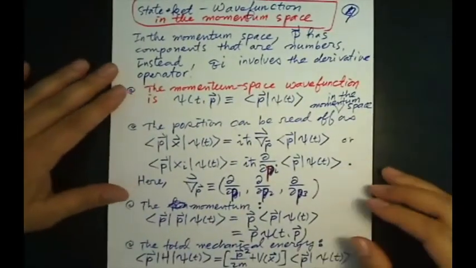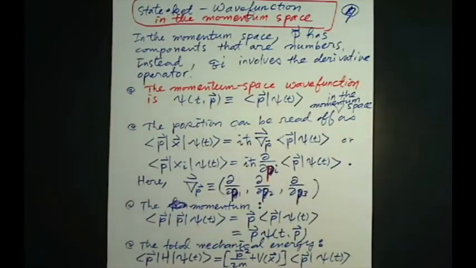Next, we consider the state ket wave function in the momentum space. In classical mechanics, the canonical conjugate momentum, conjugate to the coordinate, and the coordinate are equivalent.